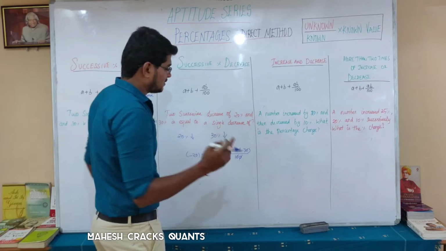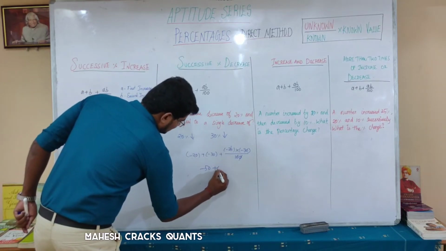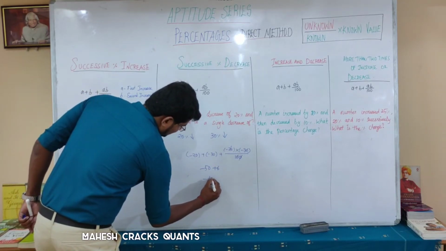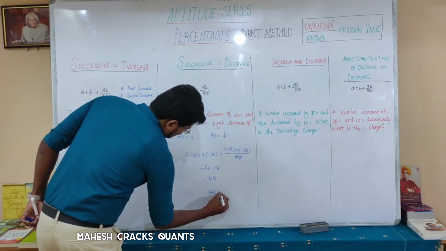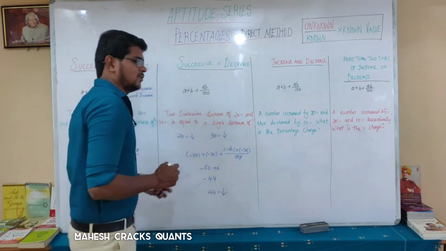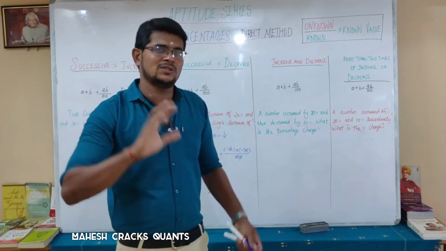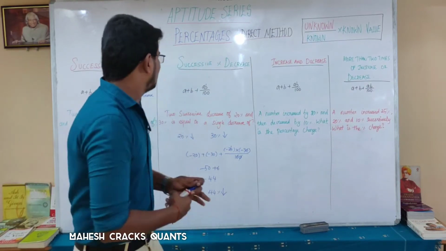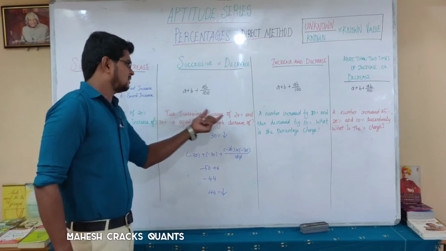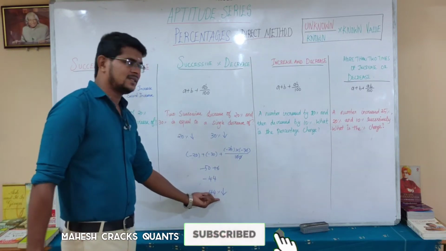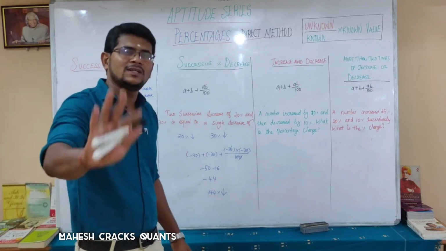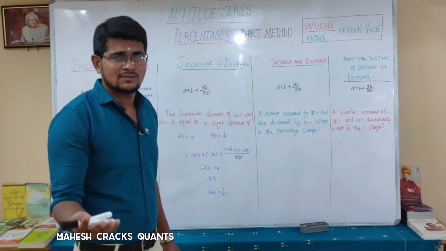Minus into minus is plus, so you will get plus 6. Which means minus 44. The answer is a 44% decrease. What is the original value? Original value is always 100%. If a product is there, successively decreasing 20 and 30 means at the end it will decrease by 44%. If you are decreasing 44%, what is the original value?